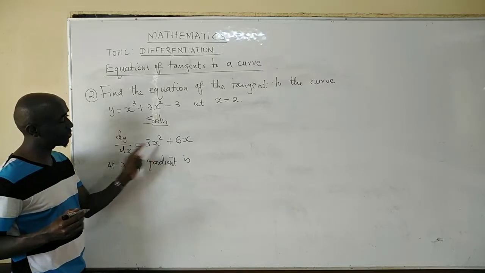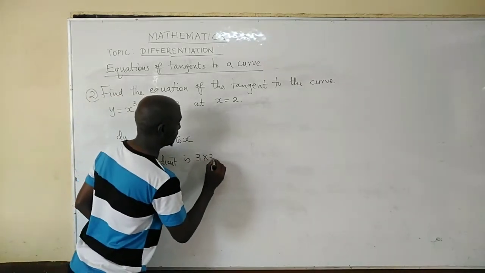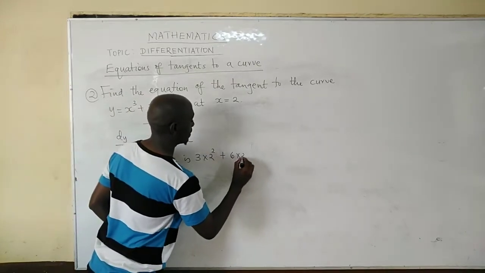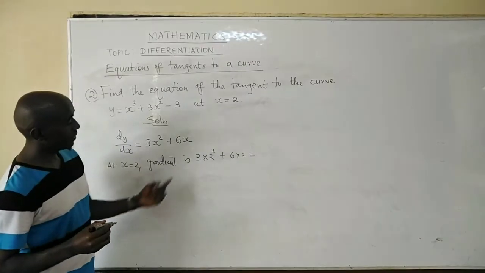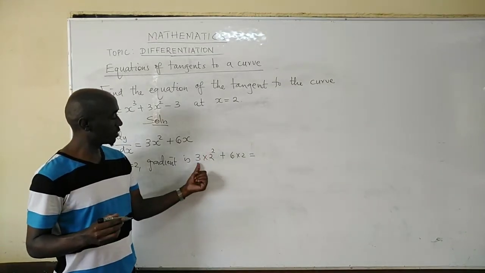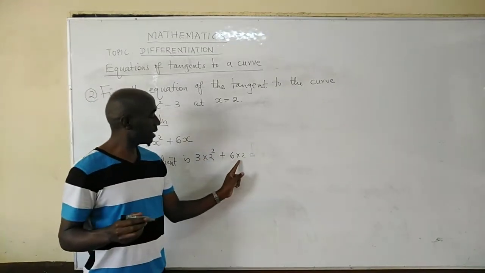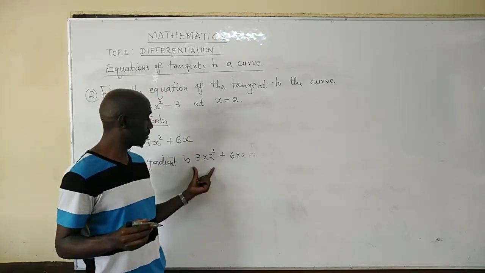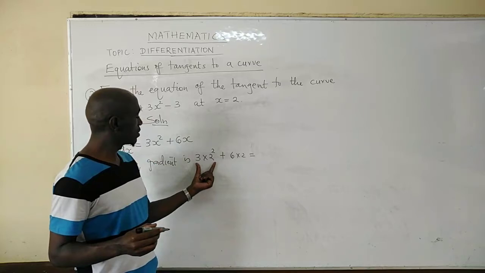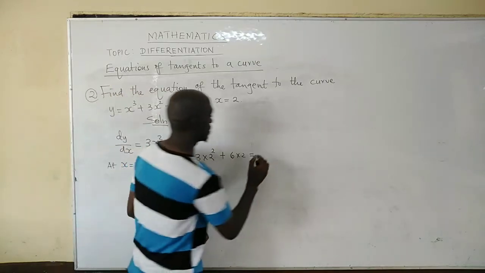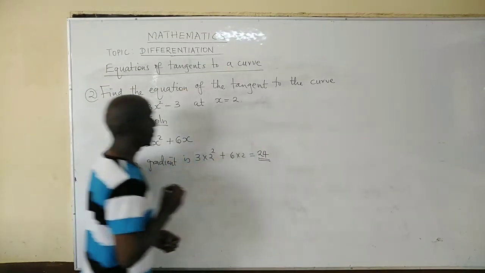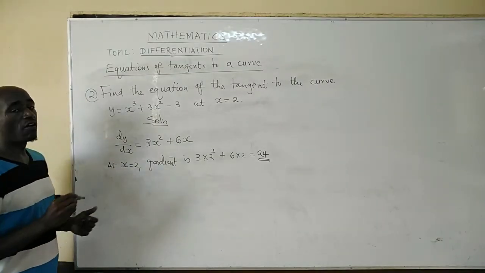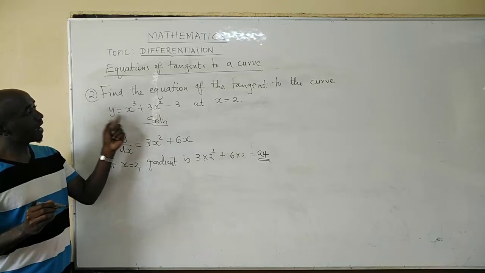So you have 3 times 2 squared plus 6 times 2. 2 squared is 4. 3 times 4 is 12. Then 6 times 2 is 12 also. Remember BODMAS, you multiply first, then you add later. So 12 plus 12 is 24. So that is the gradient of this curve at this point.